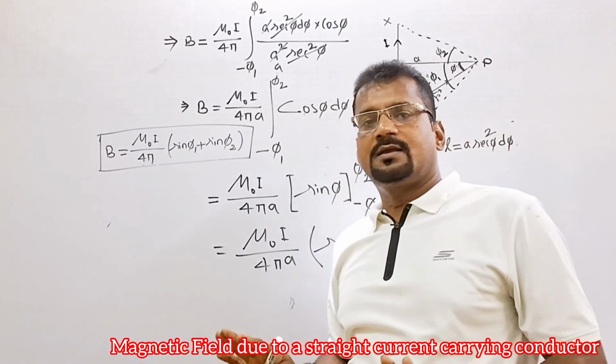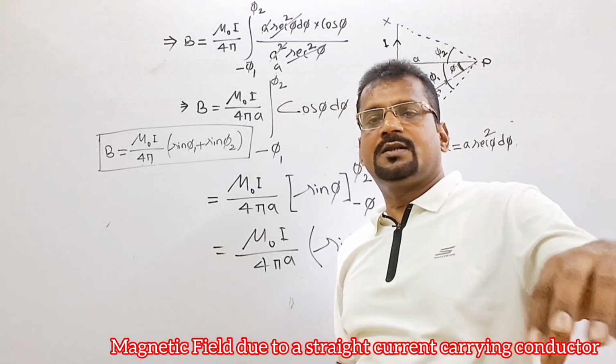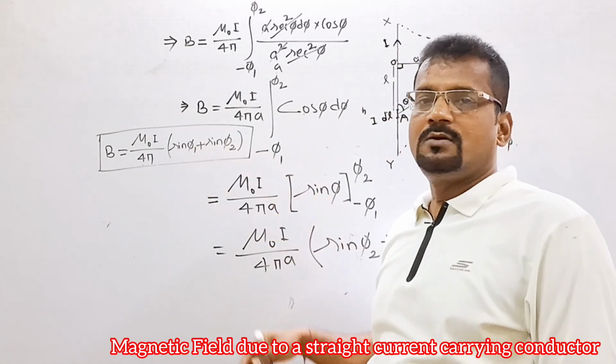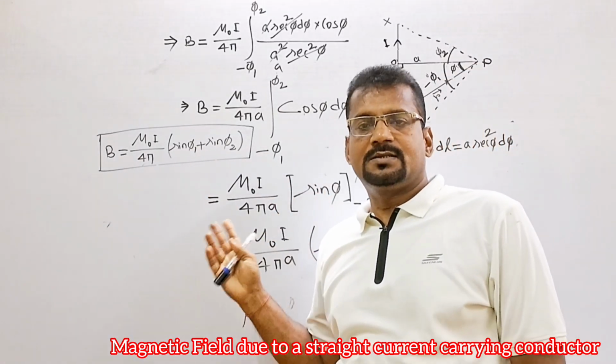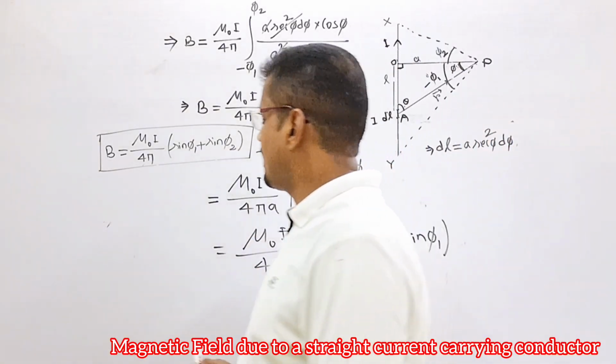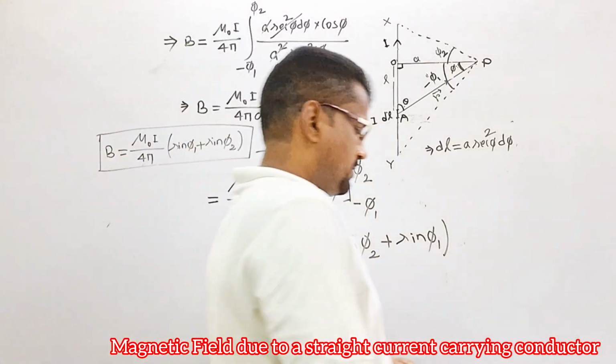Whatever way angles are given, phi 1, phi 2 we will consider as positive values and just put the values. So we will solve numericals, and I will clarify this then. After this, some special cases are there, so let me explain those also.